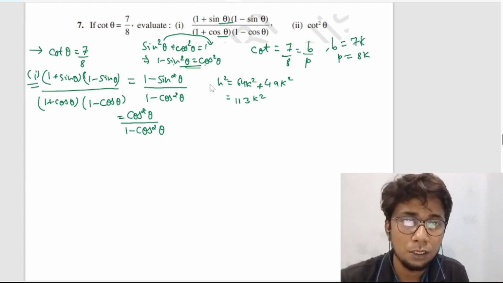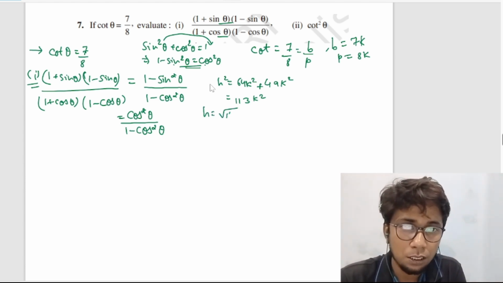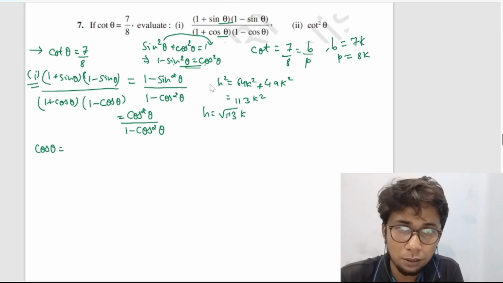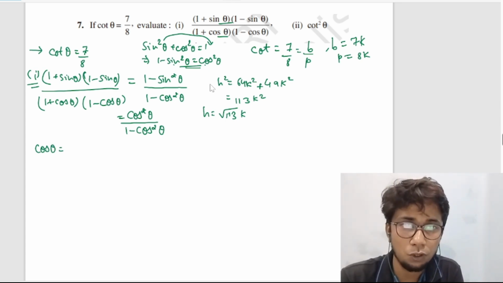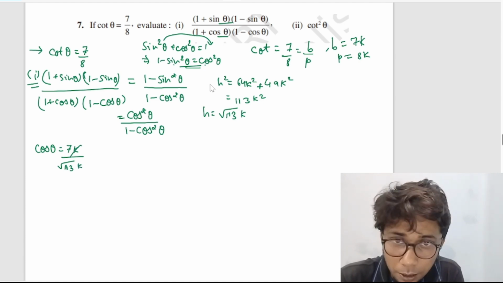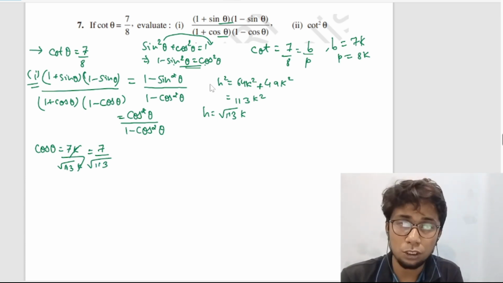Fine. What is H? Root 113k, right? What is cos theta? It is base upon hypotenuse. Base is 7k upon root 113k. This is nothing but 7 upon root 113. What is cos square theta? Cos square theta is 49 over 113.